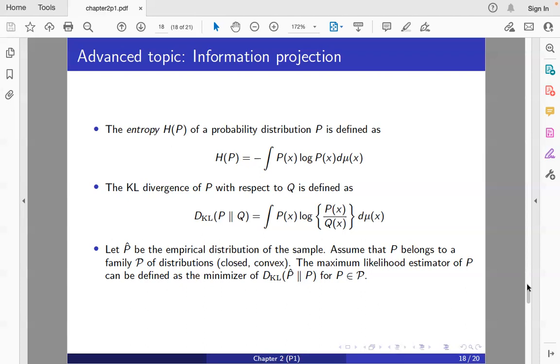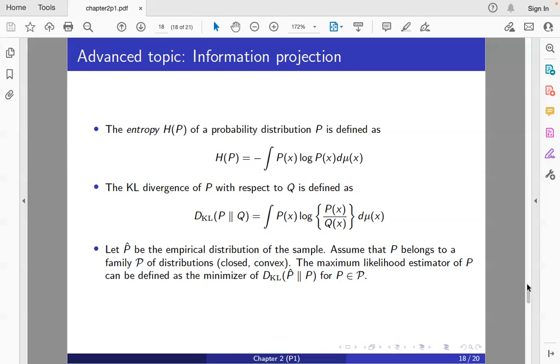And what is the second term? Because P hat is just the empirical distribution, integration with respect to P hat is just the sample version of the expectation. So this is our old friend, the log likelihood.